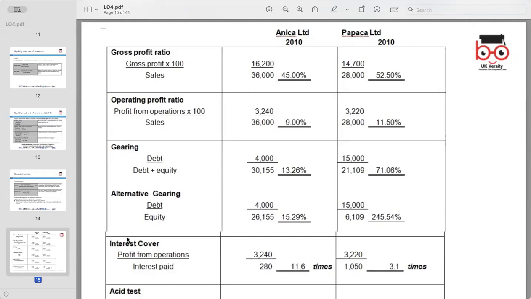The interest cover ratio assesses a company's ability to service its debt obligations, calculated by dividing profit from operations by interest paid. This ratio indicates the number of times operating profit covers interest expenses, providing insight into the company's financial stability.